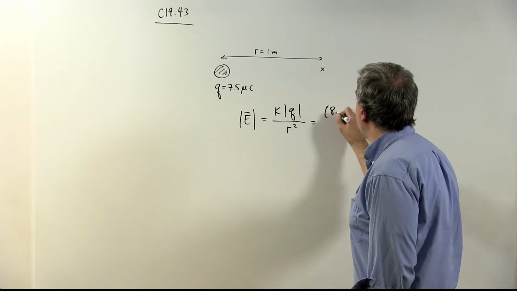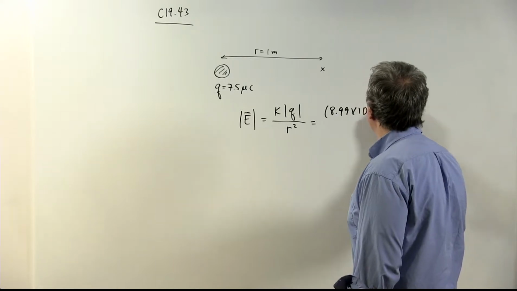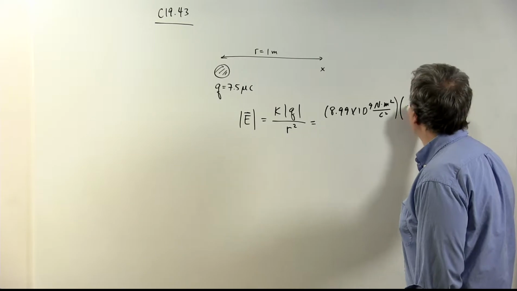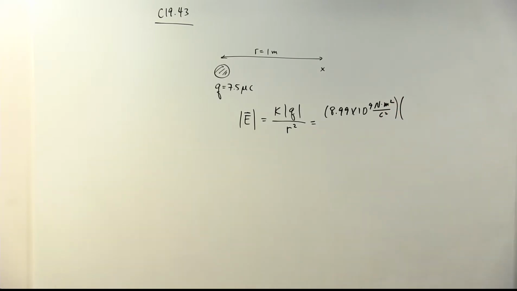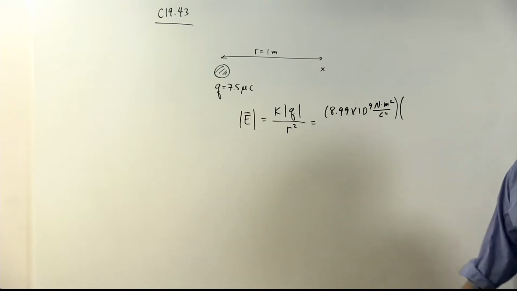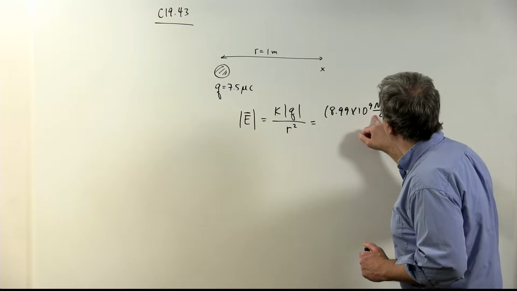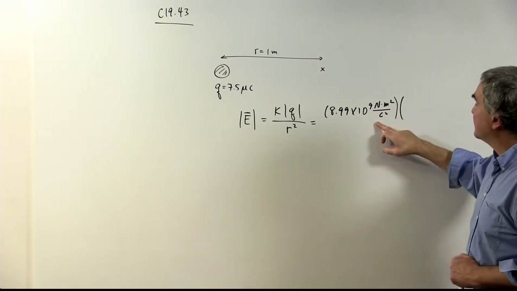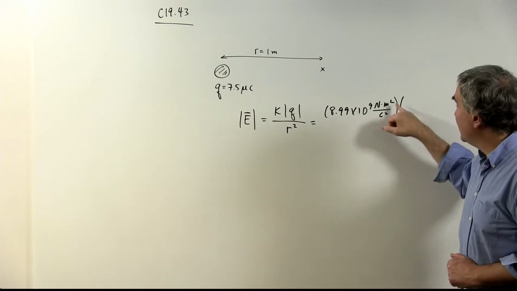k is 8.99 times 10 to the 9th newton meters squared per coulomb squared. Q is 7.5 microcoulombs. Now, question, can I just throw the 7.5 in here and everything will be merry? No, right? Because by putting the constant down as this, we've chosen our units to be in coulombs and meters.